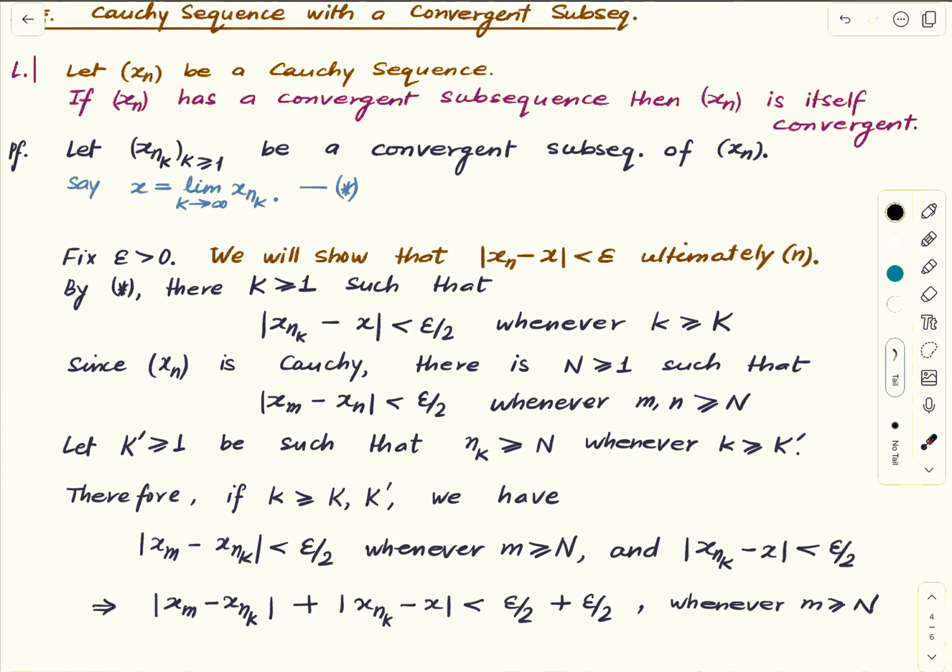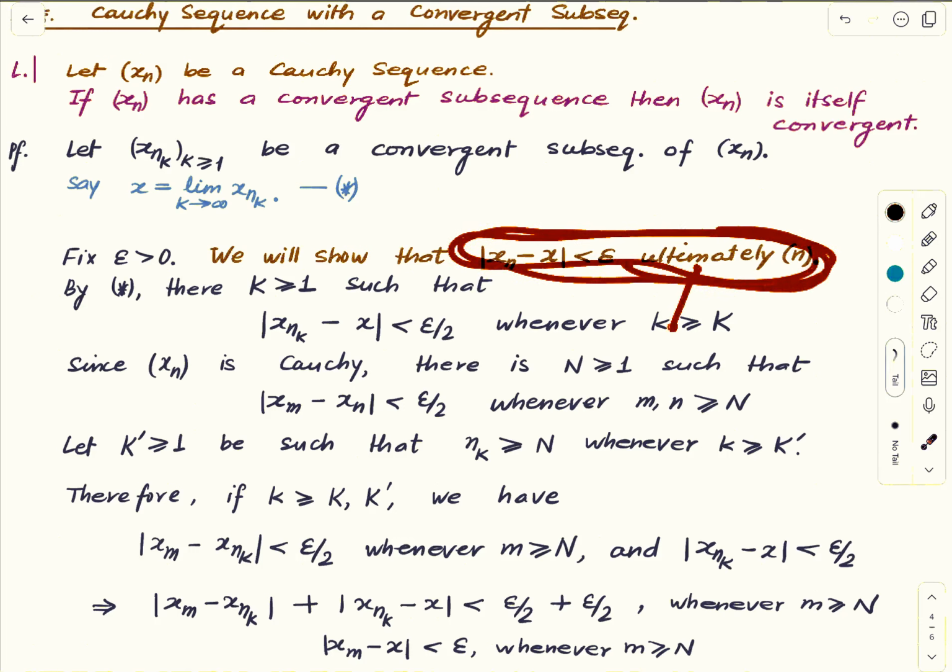This term will dominate x_m minus x, and this is epsilon. So by the triangle inequality, this is at most epsilon whenever this is the case, and therefore the sequence itself converges to the point x, because this is exactly what we wanted to establish.